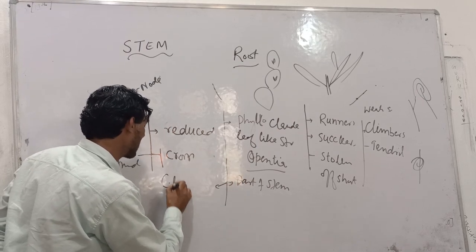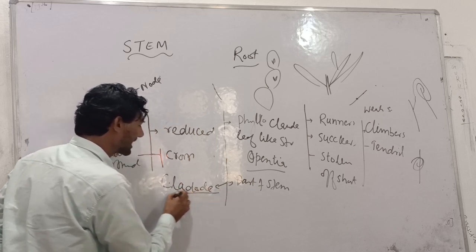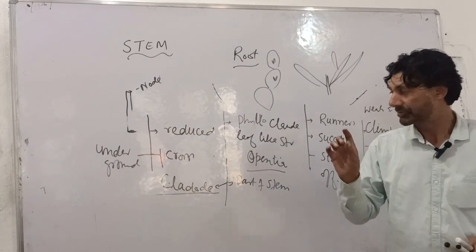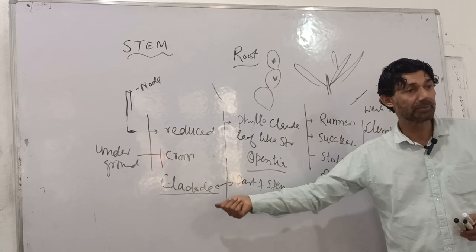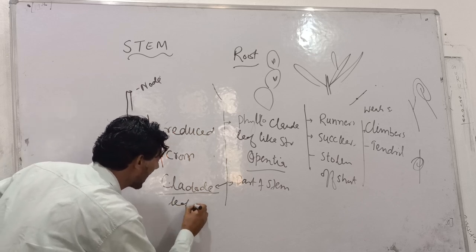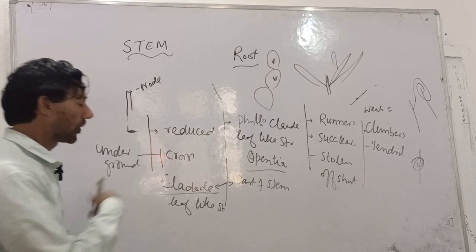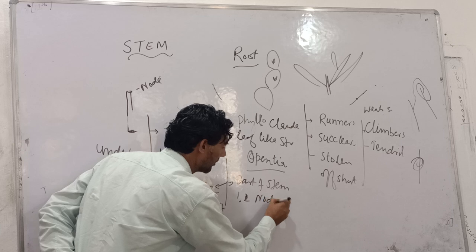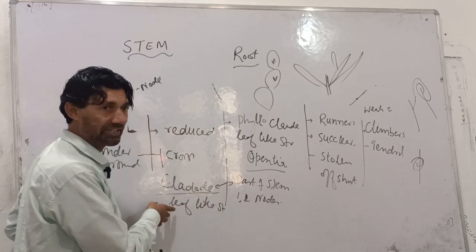That is called cladode. A cladode is a structure in which a part of the stem, one or two nodes, is modified into a leaf-like structure.